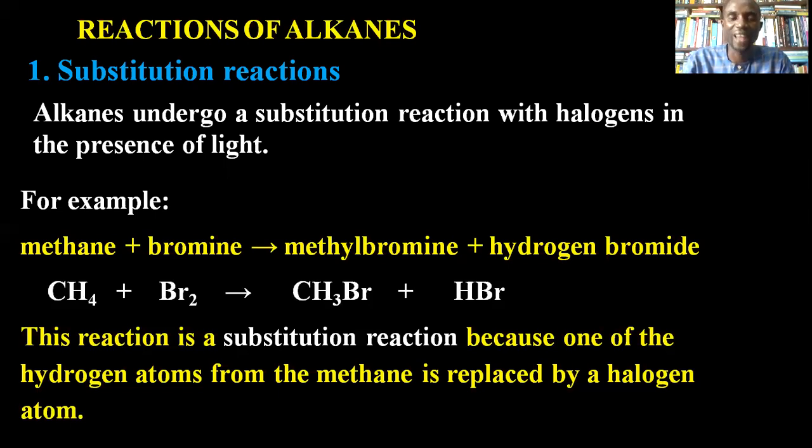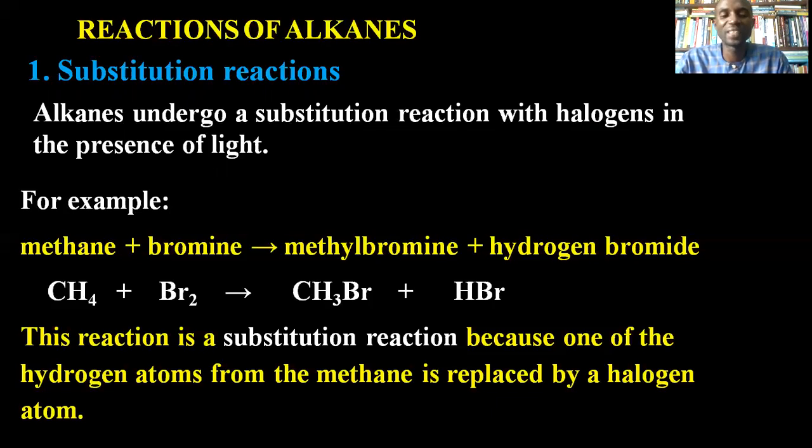We said it's a substitution reaction with halogen. That means it could be bromine, it could be chlorine, it could be iodine, but it has to be in the presence of light. Using bromine as an example, when methane reacts with bromine, it's going to form bromomethane. Then another product will be formed, hydrogen bromide.